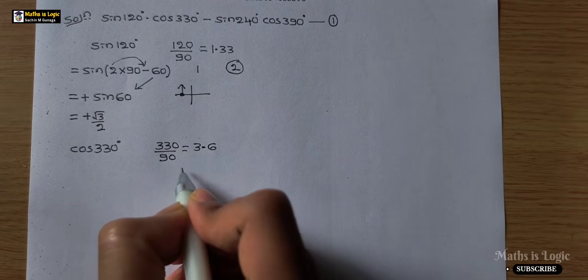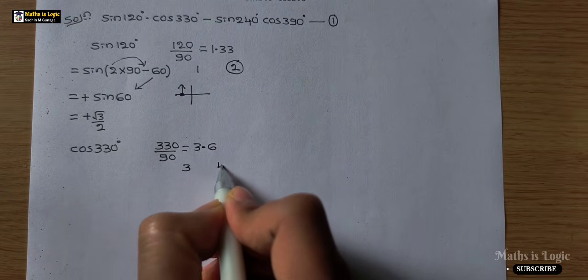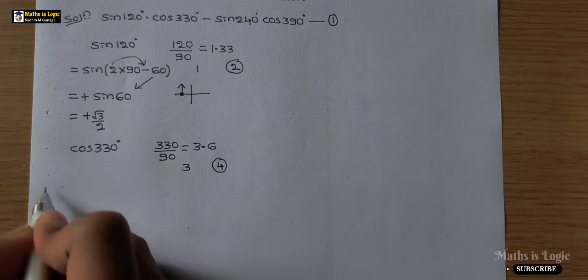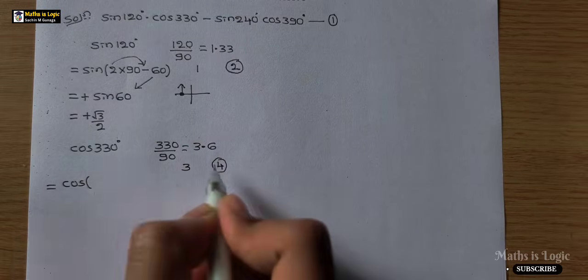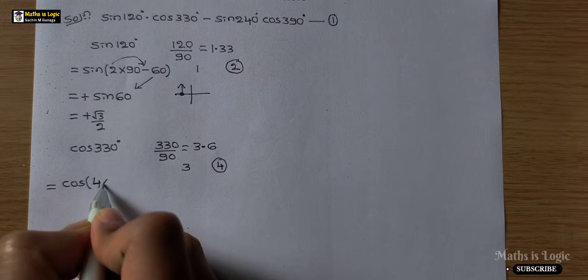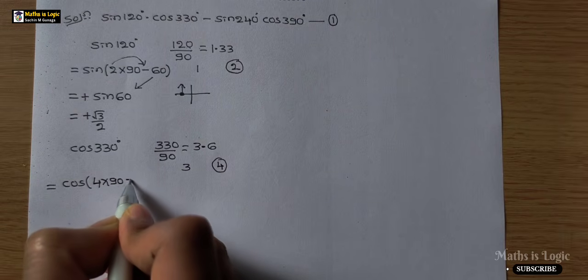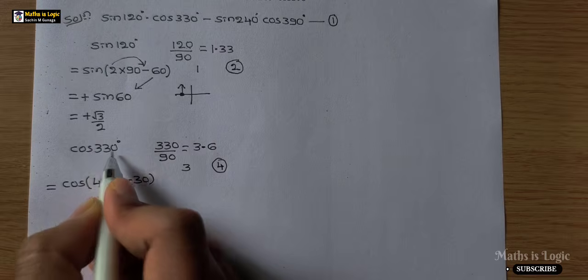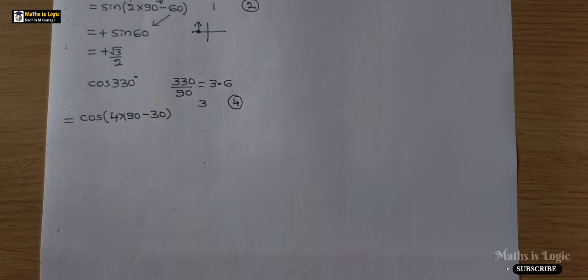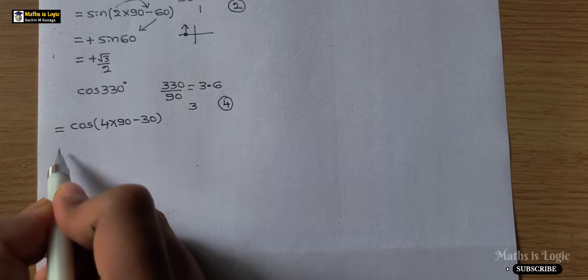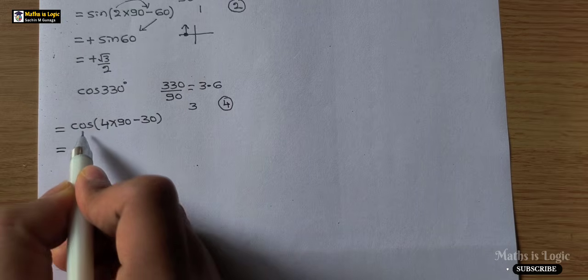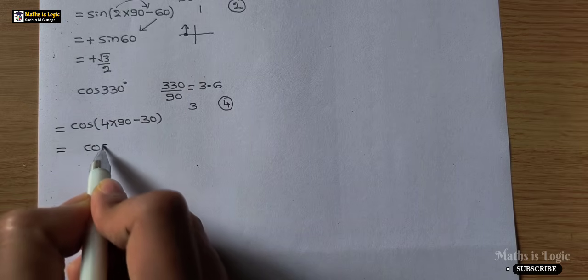So 3.6 comes in between 3 and 4. Go with the even number. Therefore, this is equal to cos. How to write 330? 4 into 90 is 360, minus 30 is 330. Which is equal to, because of the even number, cos remains cos.